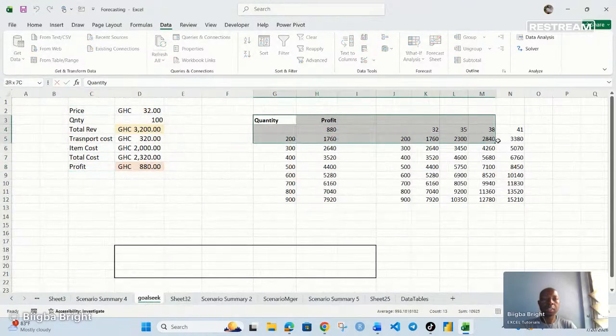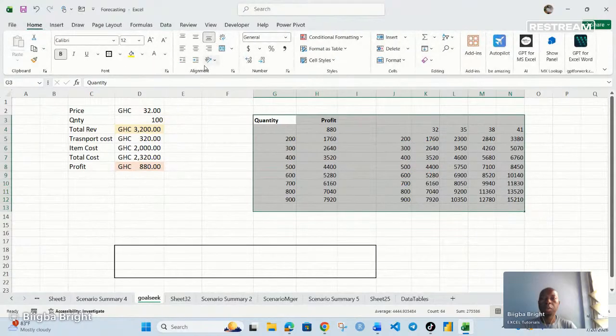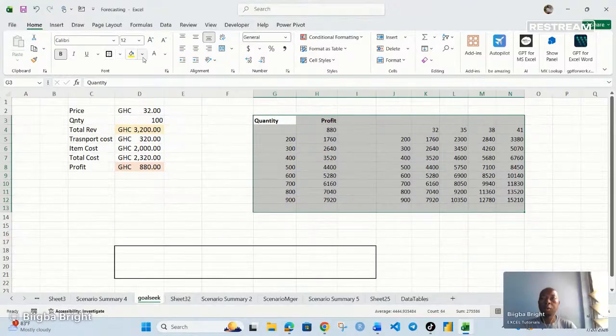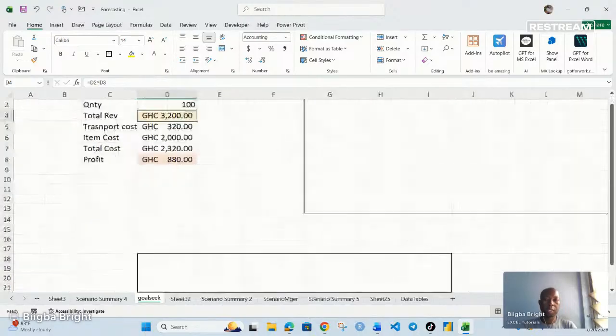So I'm going to come to this point and give it a border, and of course hide everything that you see there. So I have price here and then quantity of items. I have total revenue, and my total revenue basically is the unit price times the quantity. That will give me my total revenue, which is down there. Let me increase the font size a little bit.